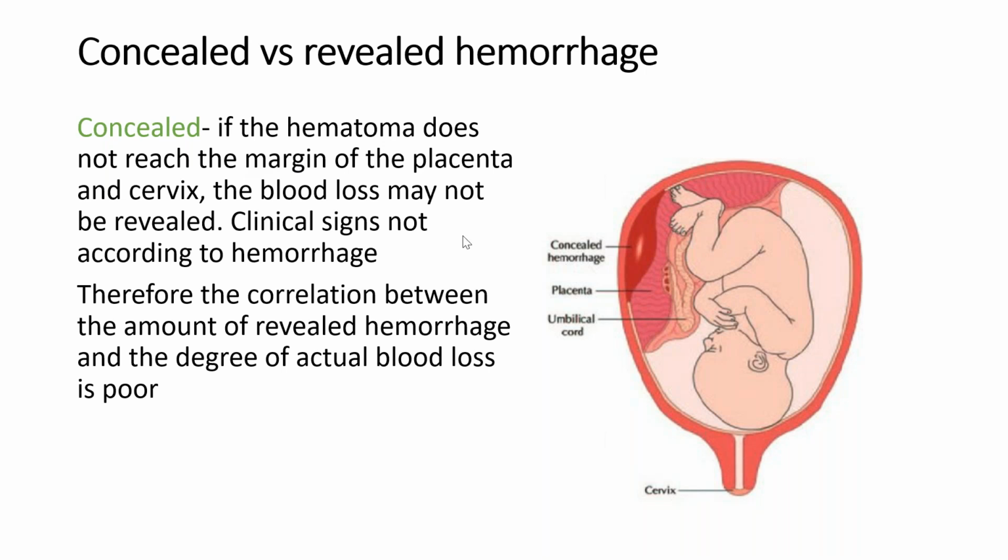In this case, the hematoma is not reaching the margin of the placenta or the cervix. So whatever blood loss is there, you cannot get a correct estimation of it, because the clinical findings are because of the blood loss. She can be in hypovolemia or shock, but you can't see that kind of bleeding from the vagina. So the correlation with the amount of hemorrhage in this situation is very difficult.